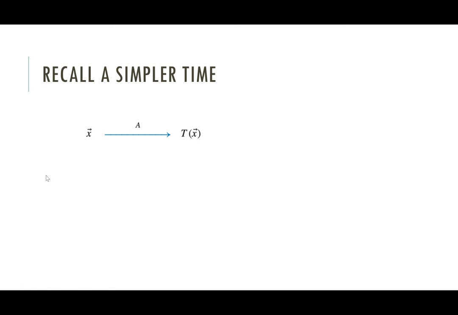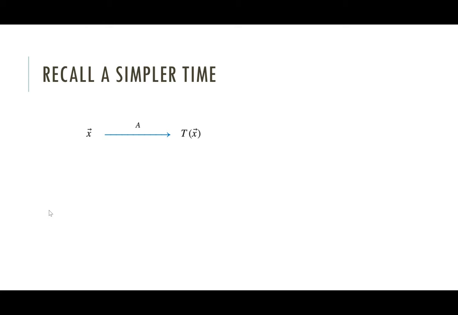Then geometric considerations about matrix multiplication showed that these linear transformations are actually somehow geometrically changing a vector space Rn. And that made us think, well, maybe there are different coordinate systems that would be better for describing a linear transformation.